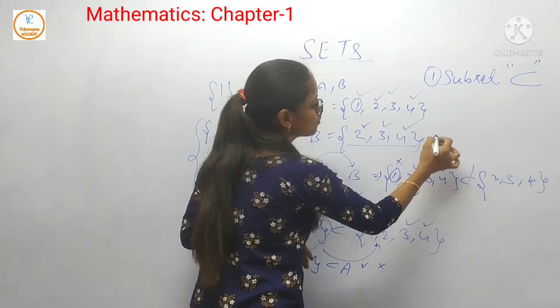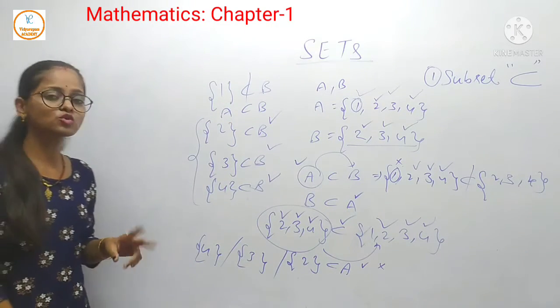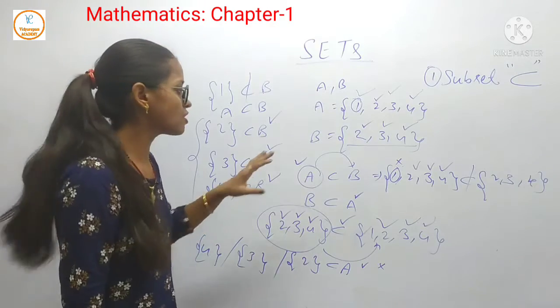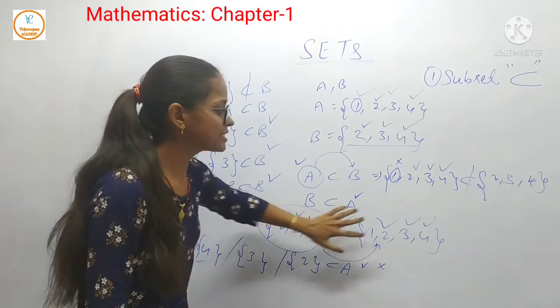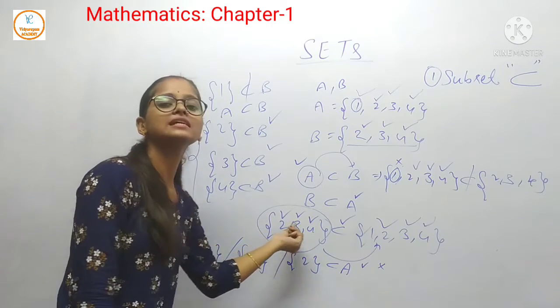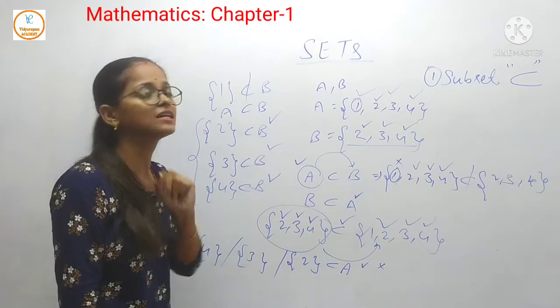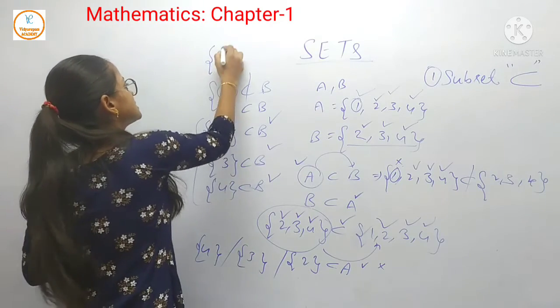No, there is no 1. So this is not a subset. Okay. So two conditions we discussed. All elements must be present on the right-hand side, that is one condition. The second condition is that even a single element is a subset of that set if it is present.